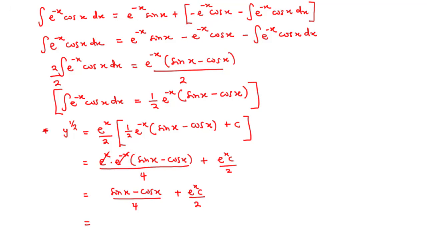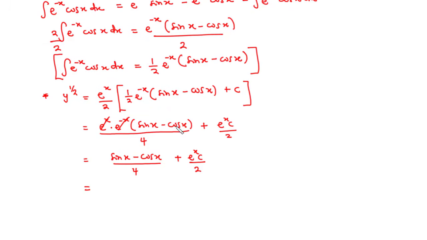Now at this point, let's try to find the LCM. Remember that on the left hand side, we still have y to the power 1 over 2. So that is equal to, we have LCM between 2 and 4 to be 4. 4 divided by 4 is 1. 1 times sine x minus cos x is still sine x minus cos x, plus 4 divided by 2 is 2, and then we have 2 times e to the power x times c.